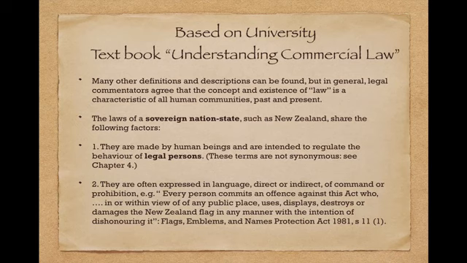And this comes from the Flags, Emblems and Names Protection Act 1981. Okay, so what they're telling you is if you are a legal person, you can be sued or whatever under their acts, such as the Flags, Emblems and Names Protection Act.